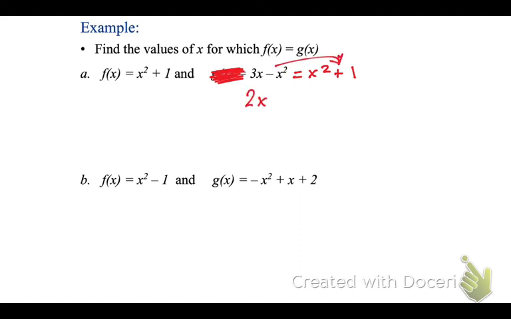So you have 2x squared minus 3x plus 1. That's what I got. And I need to do what then? Factor. So factors of 2 that add to 3: -2, -1.